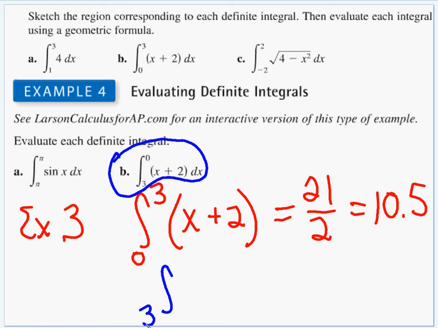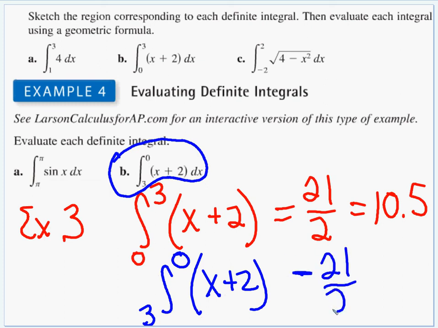Now the 3 is at the bottom, the 0 is at the top. So to compensate for that, we're just going to put a negative in there. Now the answer is negative 21 halves, or negative 10.5. So switching your upper and lower limits, you just negate that answer.